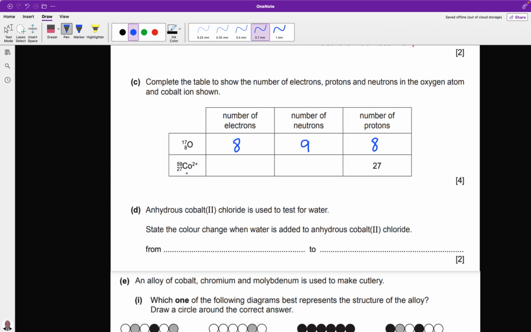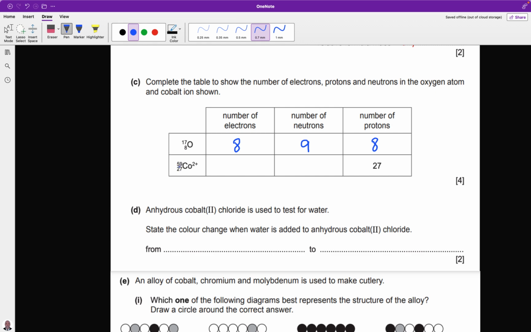Let's go to the cobalt 2+ ion. 27 is the proton number, which is equal to the number of electrons, which is equal to the atomic number. 59 is the nucleon number.